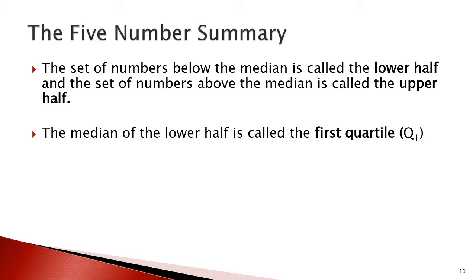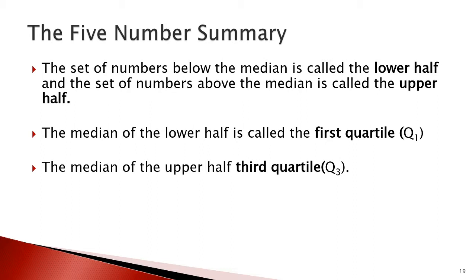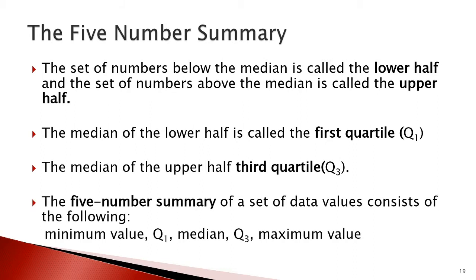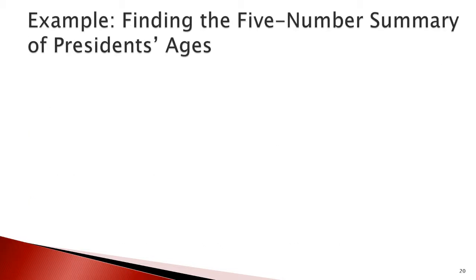The median of the lower half is called the first quartile, and the median of the upper half is called the third quartile. So the five number summary of the data values contains the minimum value, first quartile, median, third quartile, and finally the maximum value. So let's move on to an example.